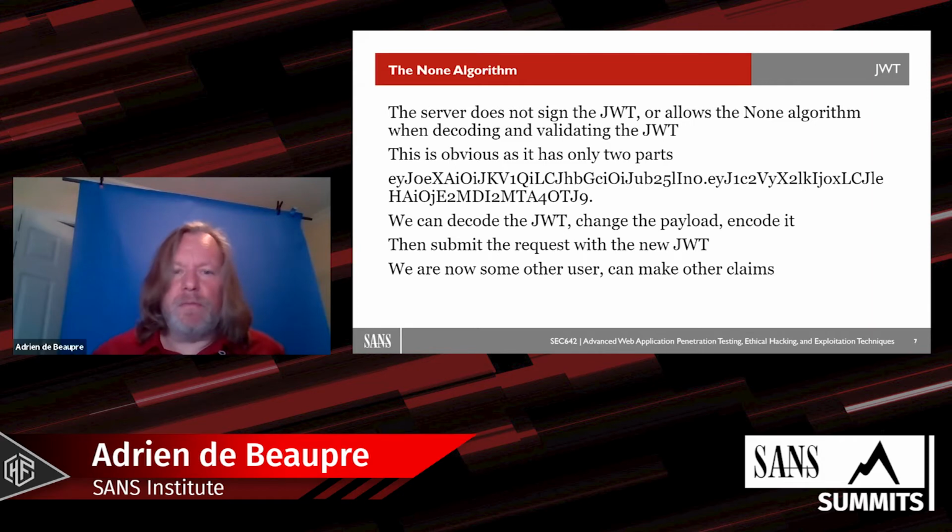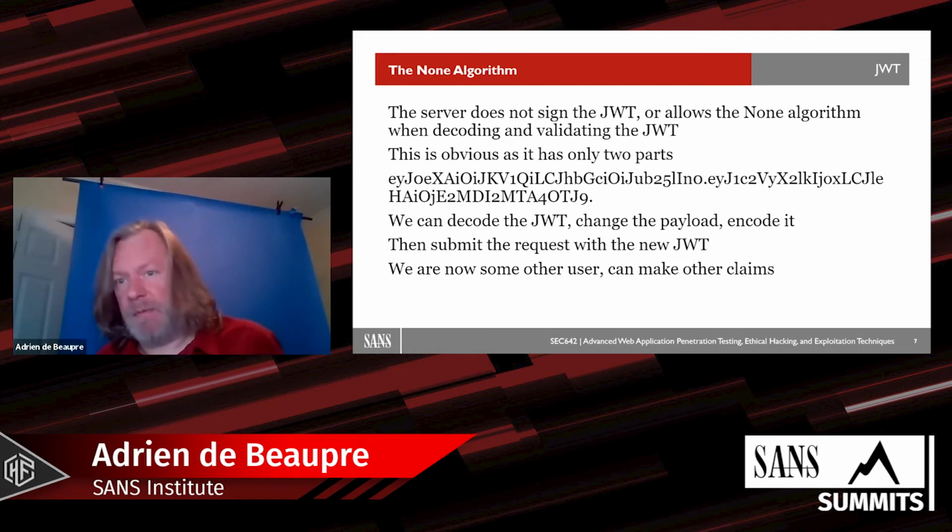Now, the none algorithm, interestingly enough, you can tell just visually if they're using it, right? The JWT only has two parts. So the header, the dot, then the assertion, then the dot, then nothing, right? So it's fairly obvious that this is signed with none. Now, if they do so, all we have to do is decode it and change it to be someone else, for example.